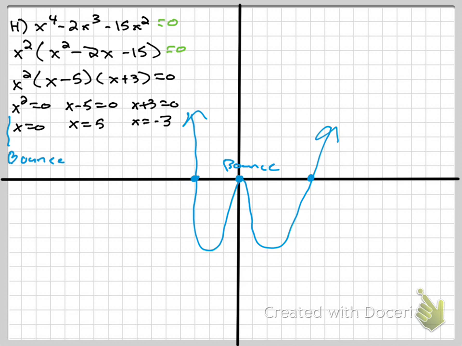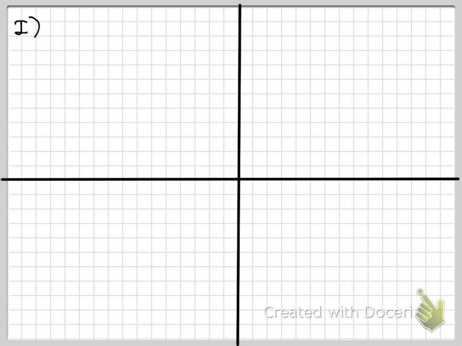All right, dos mas. I, x cubed minus 4x squared minus 5x. I have a GCF of x. Leaves me with x squared minus 4x minus 5.